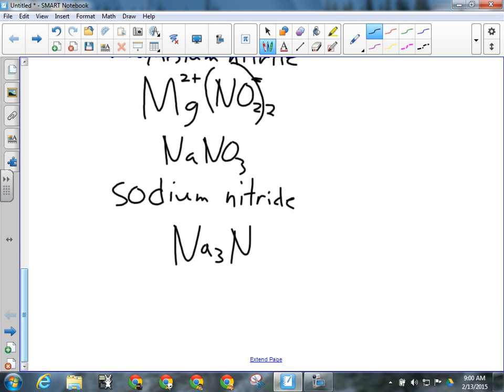With the molecular stuff, the big deal there is know your prefixes. Very rarely do you ever have a prefix greater than 5, so really you need to know up to 5. Up to 10 is great, but very rarely does it go over that. I'm going to put about 10 examples up here. I want you guys to do them, then we'll go over them, and then I want you to finish up your naming sheets.